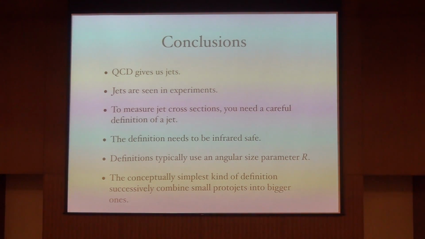The definition needs to be infrared safe, so what I've shown you is a few infrared safe jet algorithms. And they typically use an angular size parameter, usually called R. So when you hear some talk where somebody's measuring a jet cross-section, or a cross-section for W plus 3 jets, whatever, they've got a jet algorithm in there, and they will tell you what their R is, and now you know what it all means.